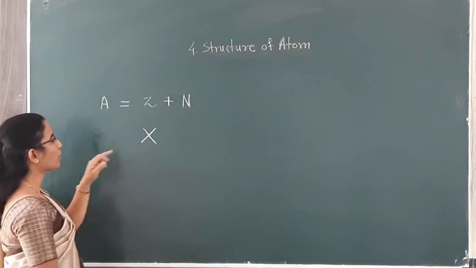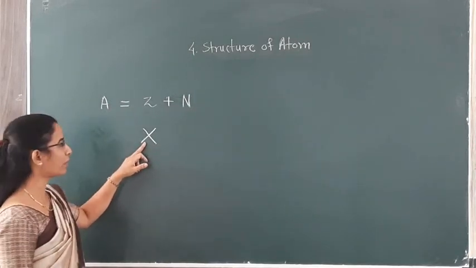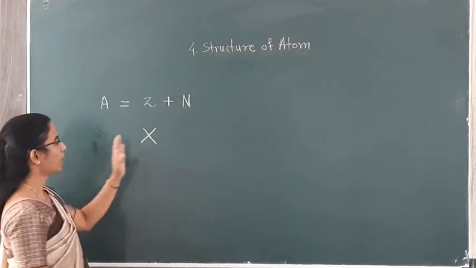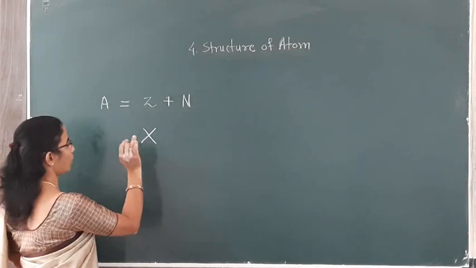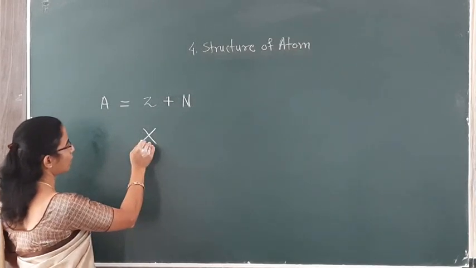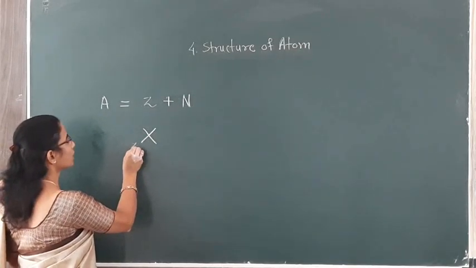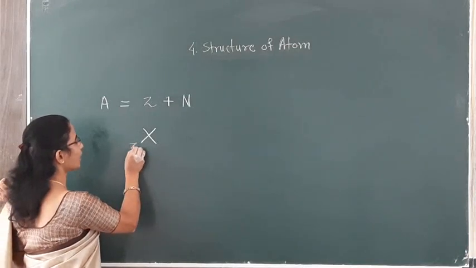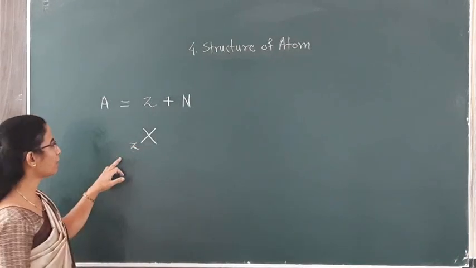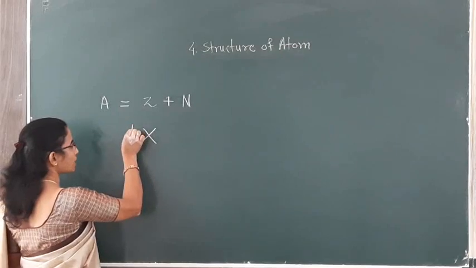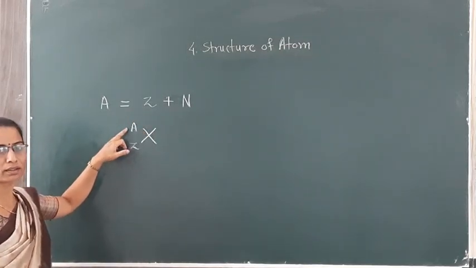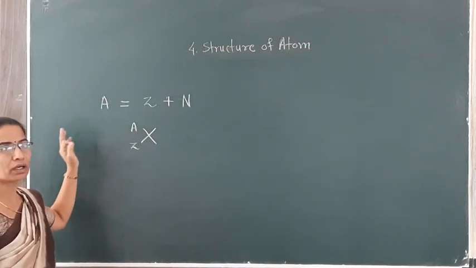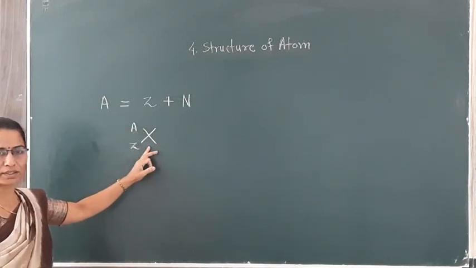Here the atomic number of that element is represented as a subscript at the lower left hand side of this symbol. So this Z indicates the atomic number of that element, and the atomic mass number is represented as the superscript on the left hand side of this symbol.